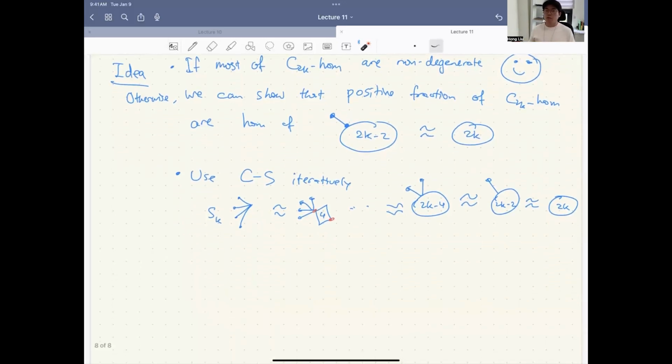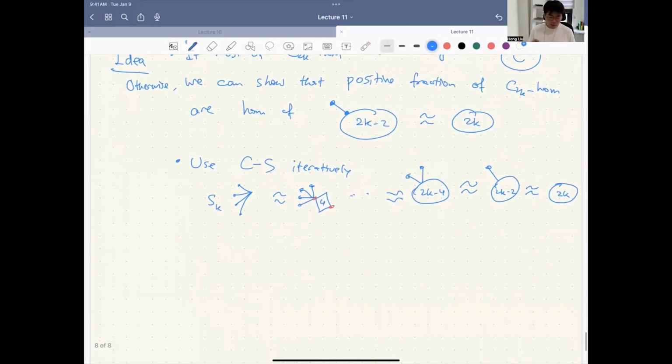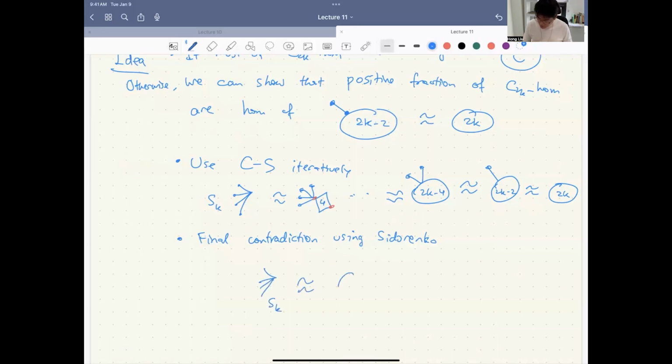Then we arrive at a final contradiction using Sidorenko. Why? Because we prove that SK is roughly C2K through this long chain of Cauchy-Schwarz.